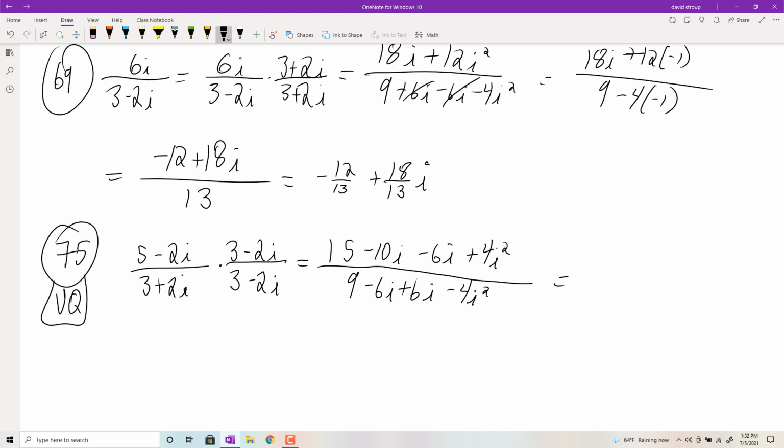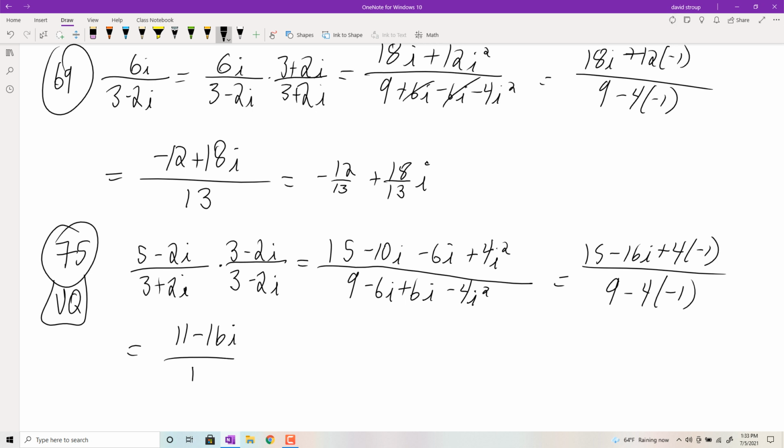Okay, so I'm getting 15 minus 16i plus 4 times negative 1, all over 9 minus 4i squared, again negative 1. Okay, 15 plus, that'll become minus 4, so I'll have 11 minus 16i. Downstairs that'll be 9 plus 4, which is 13. And then butterfly, so 11 thirteenths minus 16 thirteenths i.